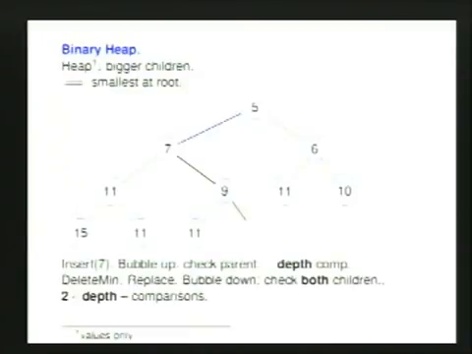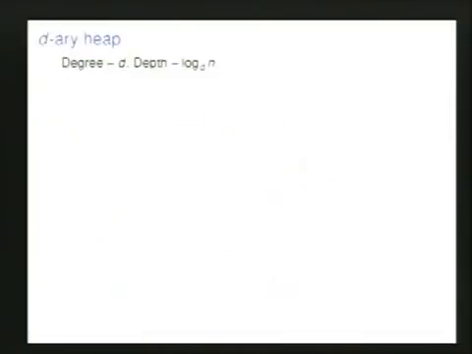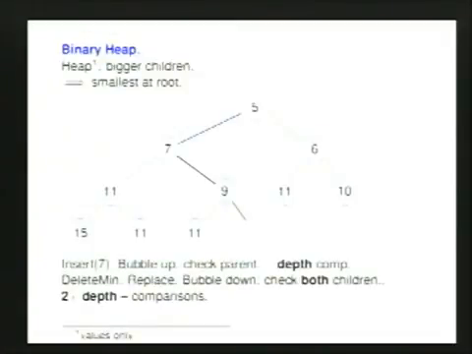So this is going to be log base 2. Now I can replace this with a d-ary heap, so there's a degree d. Notice that the expense of inserting is the depth. And when it's degree d, the expense of deleting is that you need to check all your children. How many children do you have when it's degree d? Well, d.